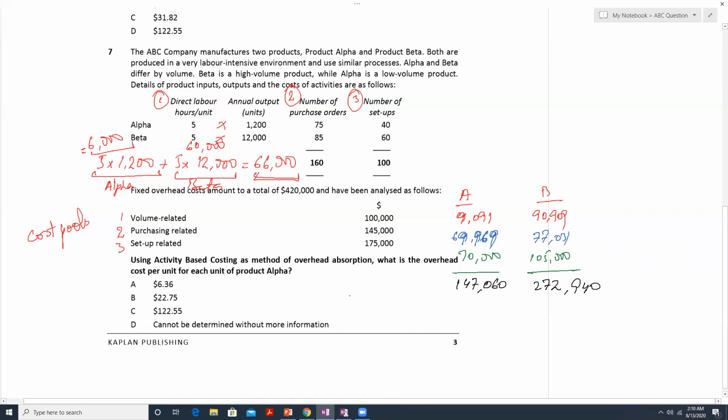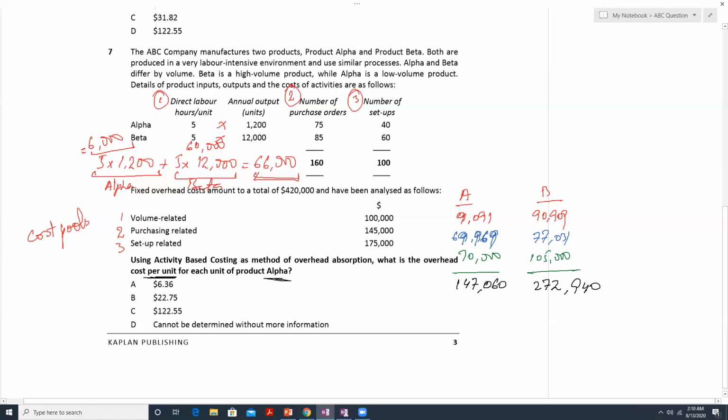Now, what we are actually required to calculate in the question. The question says, using activity-based costing as a method of overhead absorption, what is the overhead cost per unit? We are required to calculate the overhead cost per unit for each unit of alpha.